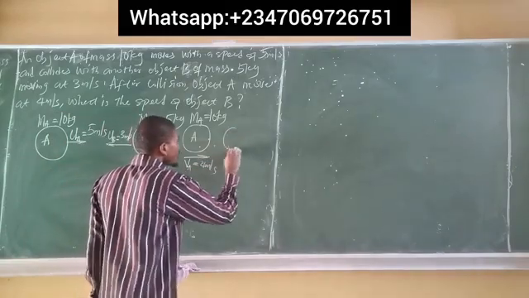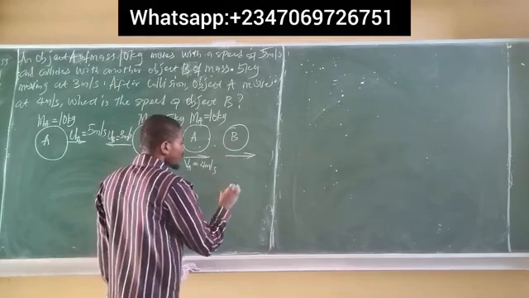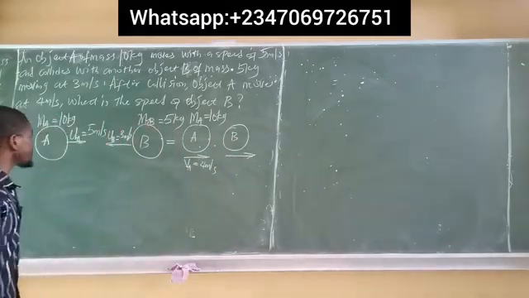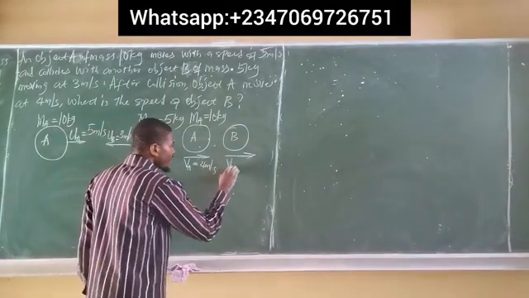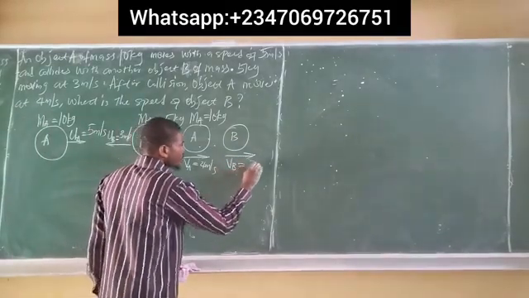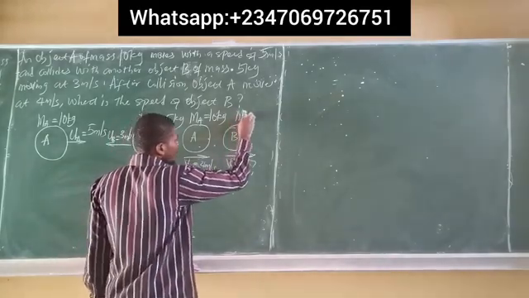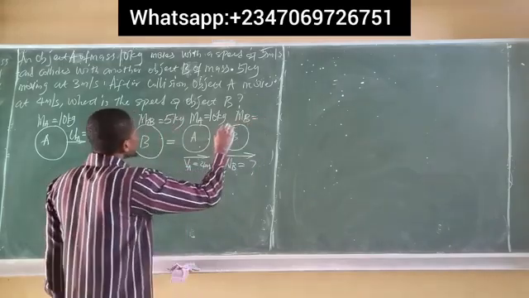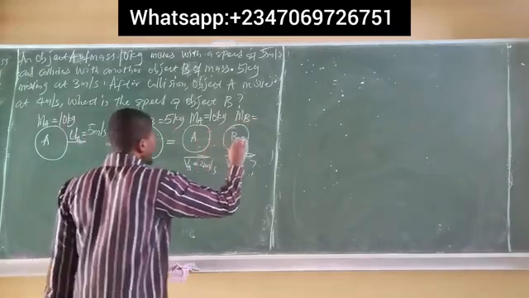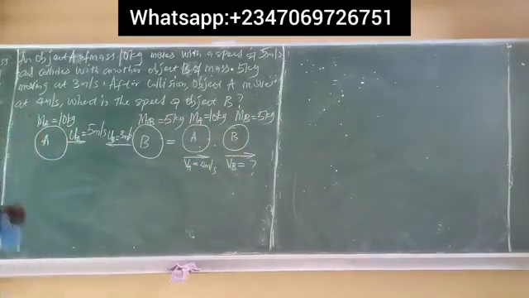Of course, object B will also be propelled to move in that same direction as object A, since object A has a higher mass than object B. The final speed of object B is unknown and we are asked to find this. Mass of B still remains unchanged, which is 5 kilograms.